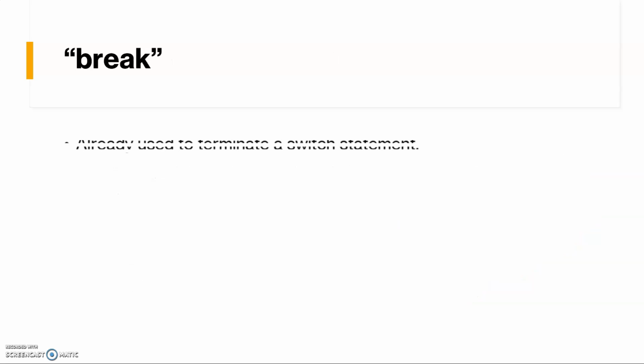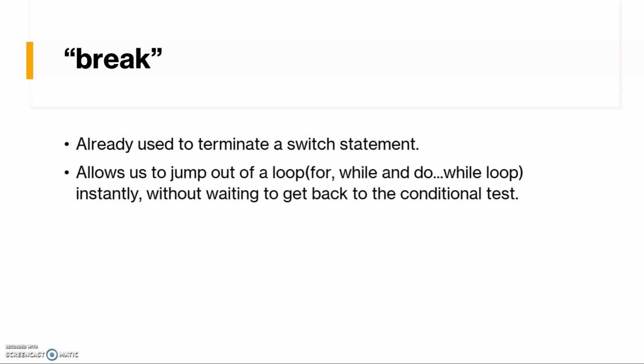Now coming to the break statement, we have already used this break statement in the switch statement, where if you want to come out of the switch after executing a particular case, there we have used break to exit from a particular case. Got it? Here it is the same. The name itself is telling break, so it allows us to jump out of a particular loop.